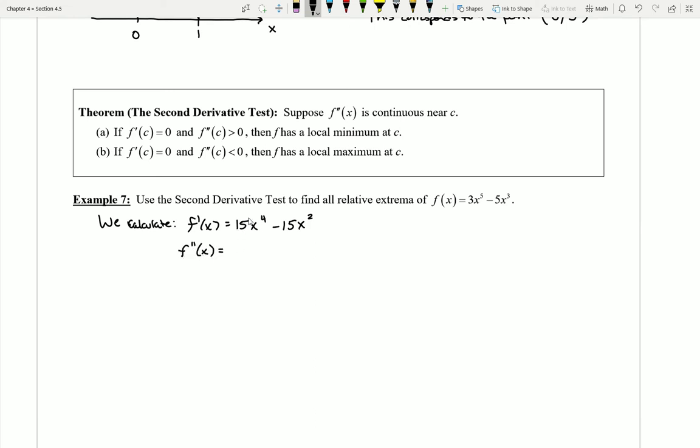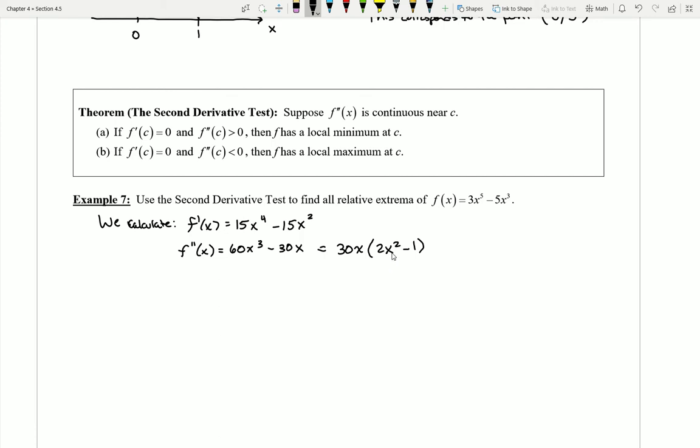This would be 15 times 4 is 60x to the 3rd minus 30x. And notice again, I could rewrite this probably a little bit. It looks like I can factor out a 30 as well as an x, and I'd be left with a 2x squared minus a 1. Is that what I'm going to end up with?